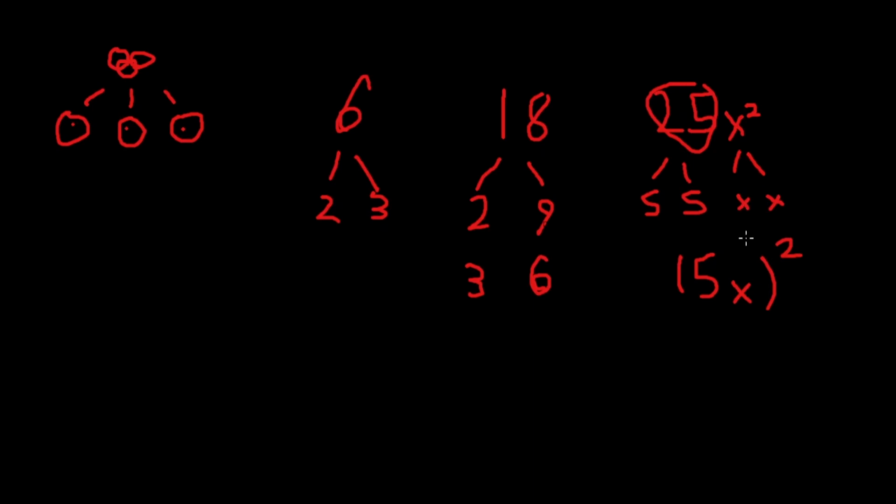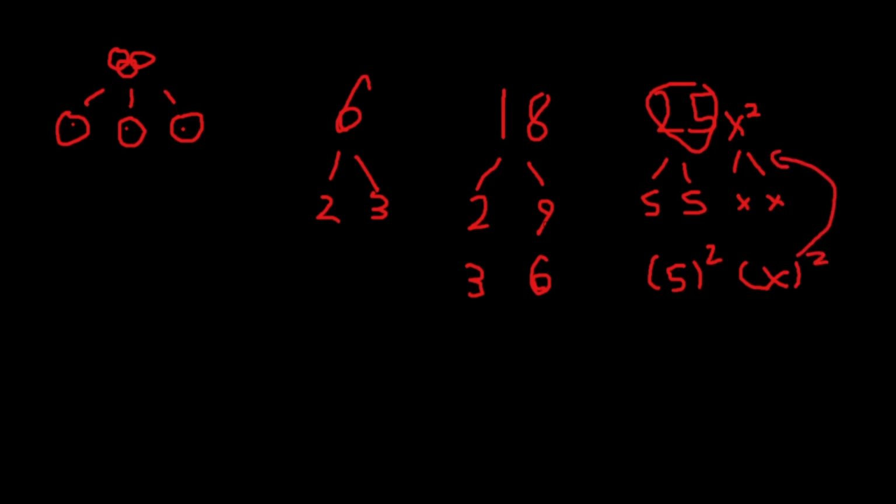So if we view them as two separate things, we have our 5 squared and our x squared, which looks pretty similar to what's up here already.